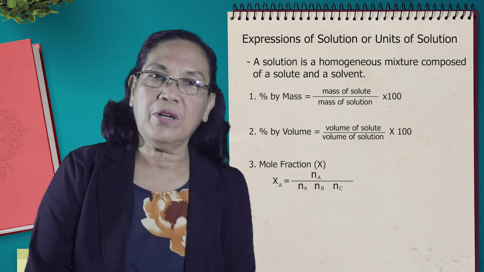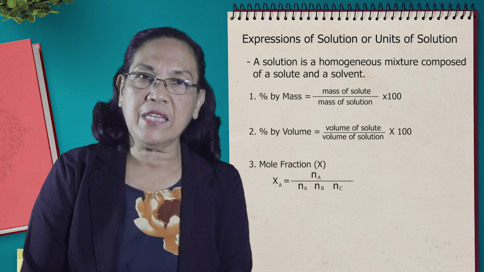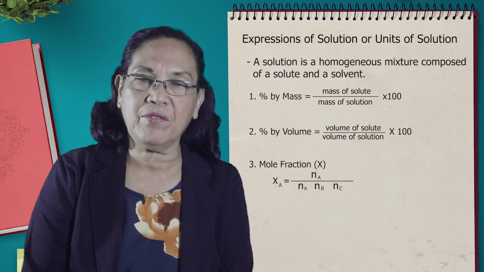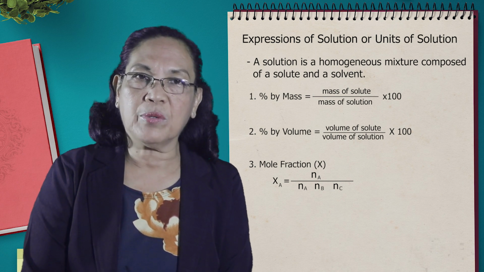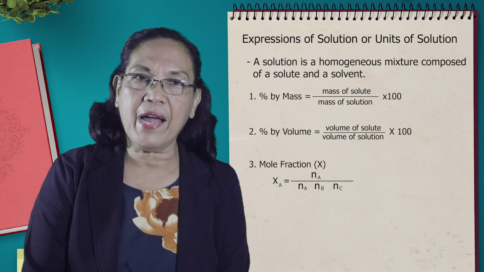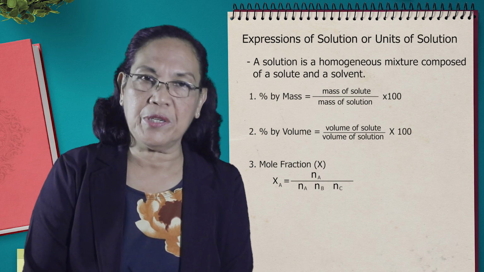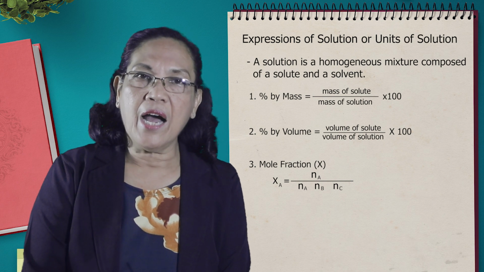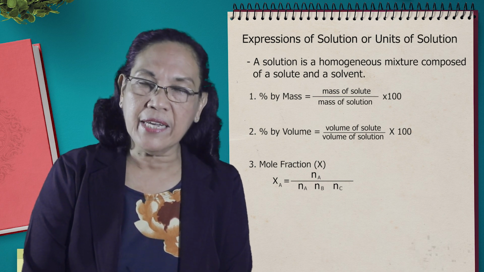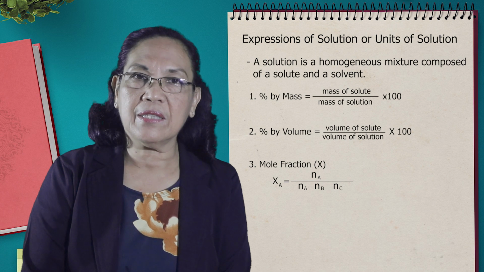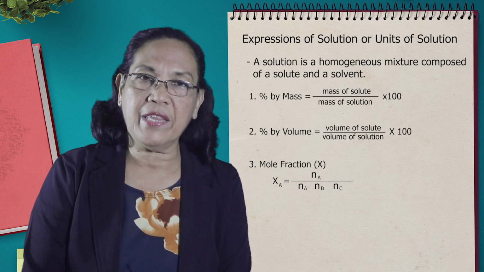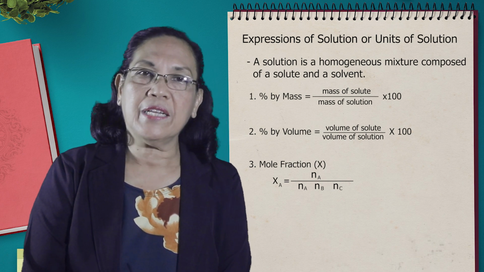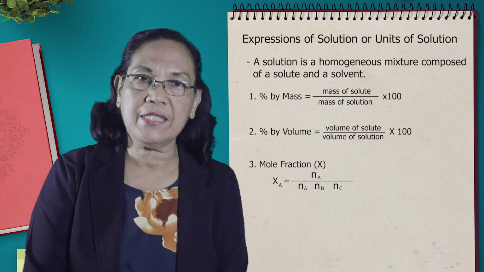Ethyl alcohol has the formula C2H5OH. Therefore, to get the molecular mass of the ethyl alcohol, multiply carbon by 2, hydrogen by 6, and oxygen by 1, so the molecular mass of the ethyl alcohol is 46.